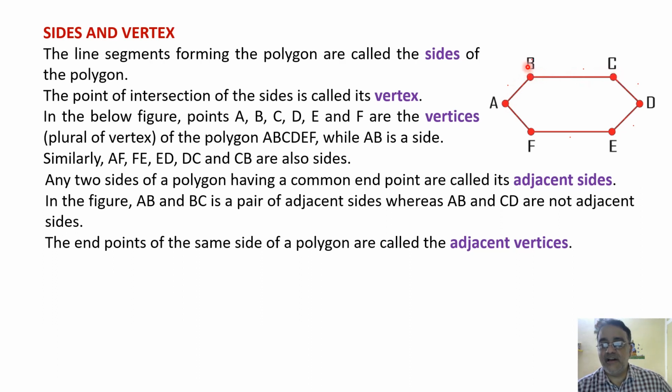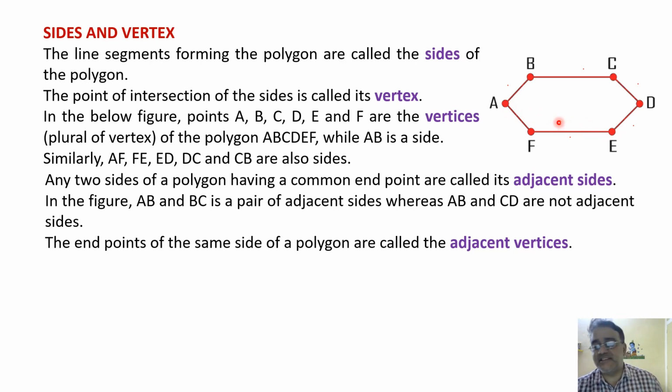These two are adjacent vertices, B and C. But C and D are not adjacent vertices because these do not belong to the same line, same side. Similarly, A and E are not adjacent vertices.